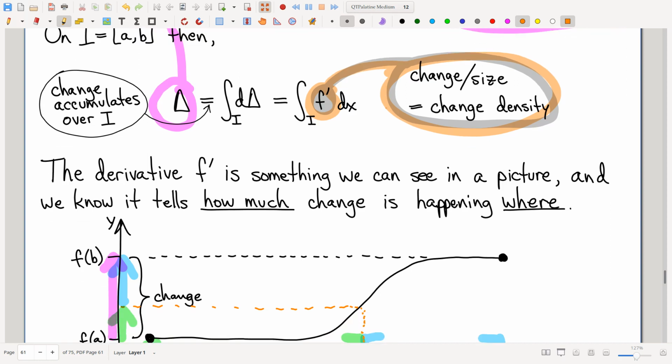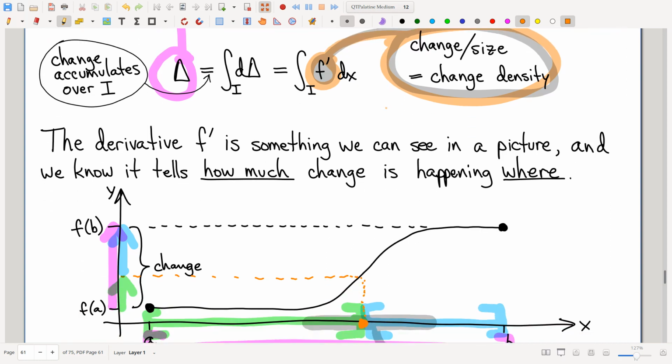Let me explain why I think that's perfectly reasonable in the context of the picture. You know the derivative is the slope of the graph. Wait a minute, let me get it into pencil mode. There's a little piece of the graph. It's so hard to write on this thing. That's better. A piece of the graph: rise over run.